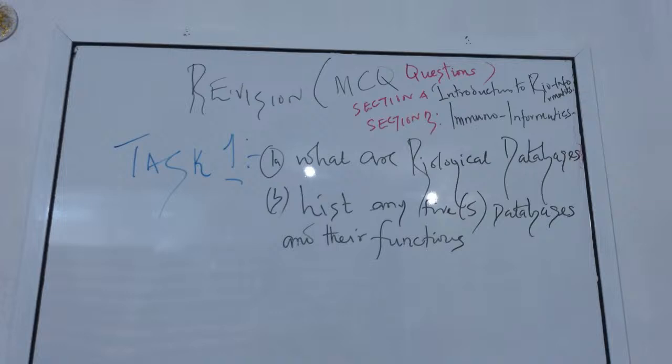That is the antigen binding site, called the epitope. So the more epitopes in any given vaccine, the better that vaccine is going to be. That is one of the reasons why you need to do epitope mapping. Epitope mapping is very, very important in immunoinformatics.